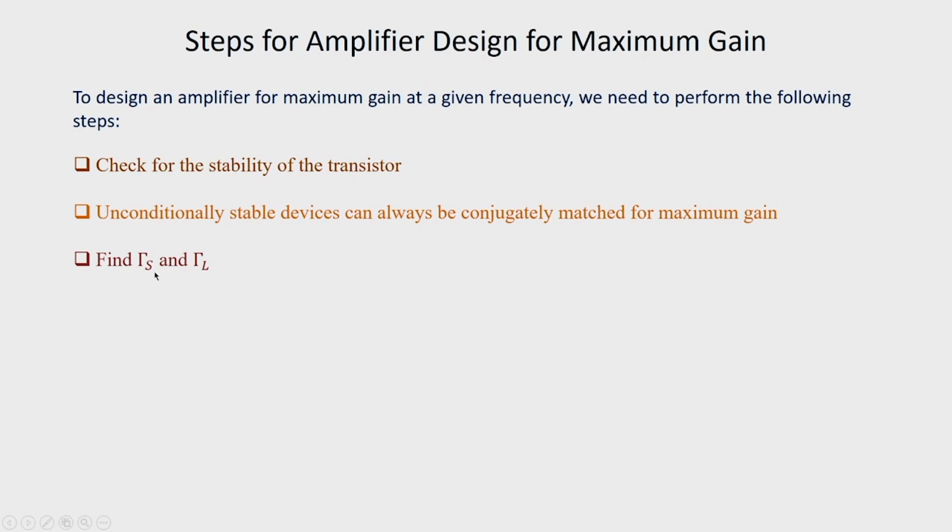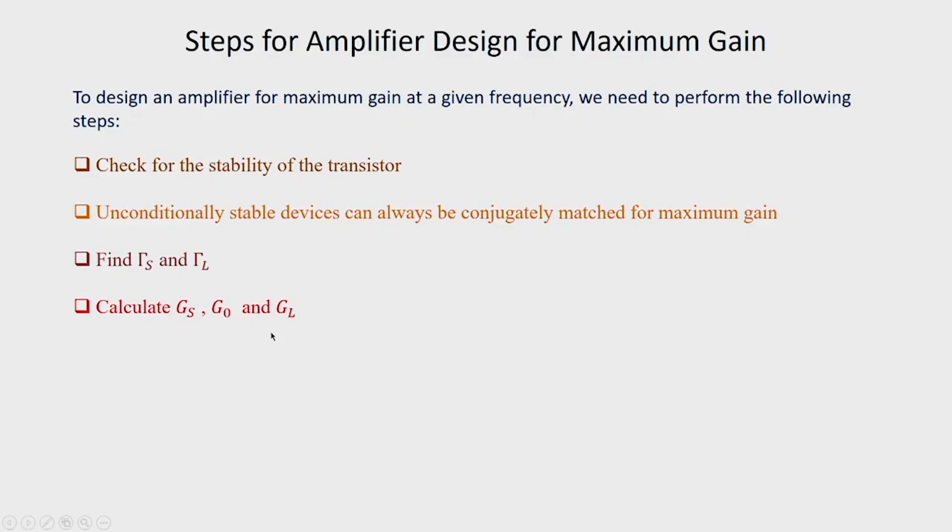So, from the given S parameters of the transistor at the specified frequency, we find out gamma S and gamma L, and then we can calculate Gs, G naught and GL, and the product of these three will give us the overall gain.